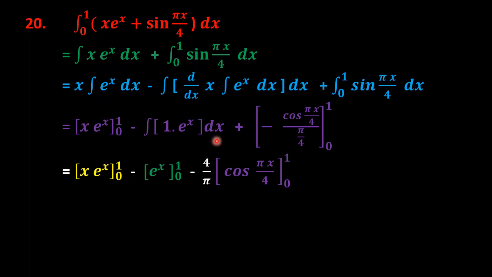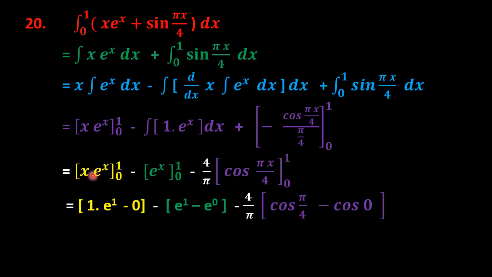Next we integrate here. So this first term and last term will remain as it is, and integration of e to the power x dx will be again e to the power x. Now we put the upper limit first and then we put the lower limit.